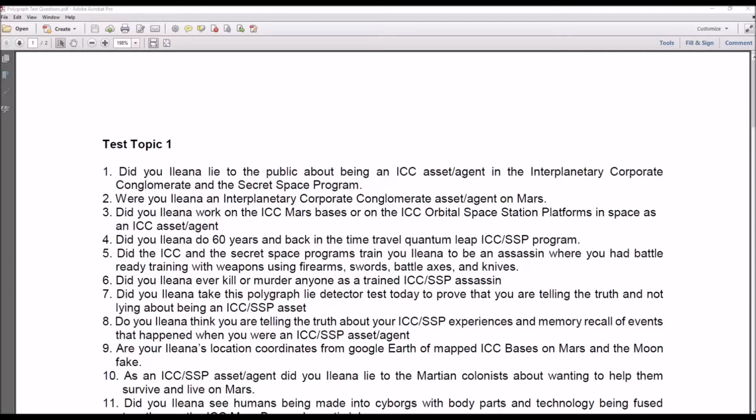What they do is they measure your blood pressure, your heart rate, the tone of your voice, the breathing, how fast or slow you're breathing, your body language, the sweating of your palms and fingers. So that's measured. And that's basically your physiological body responses and the electrical responses of your brain.